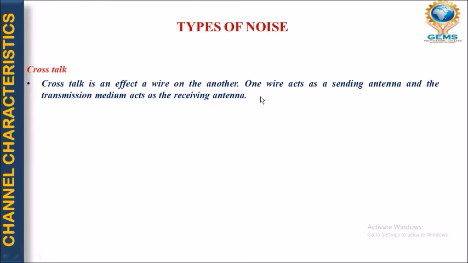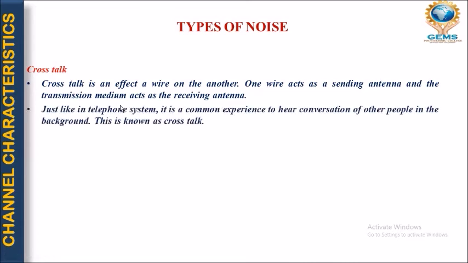So one wire acts as a sending antenna and the transmission medium acts as a receiving antenna. So this is one thing. The same example which I have already given: in a telephone system, suppose you are talking to someone and पीछे से कुछ अगर आवाज आ रही है, then it is not looking nice.